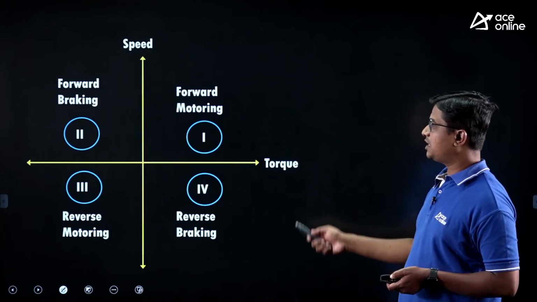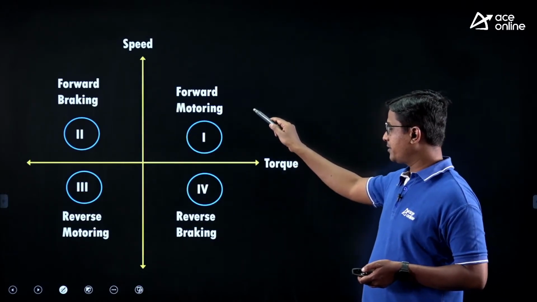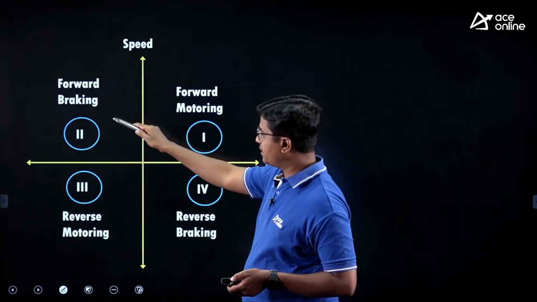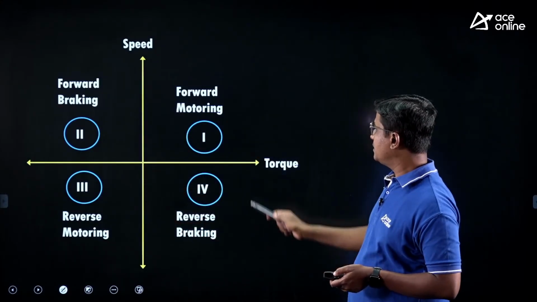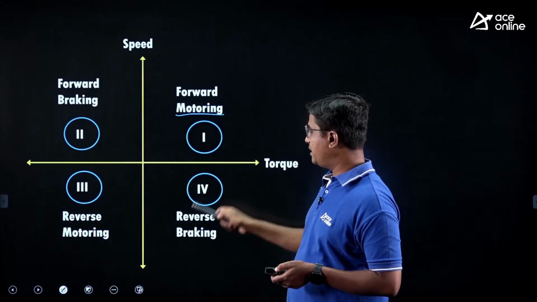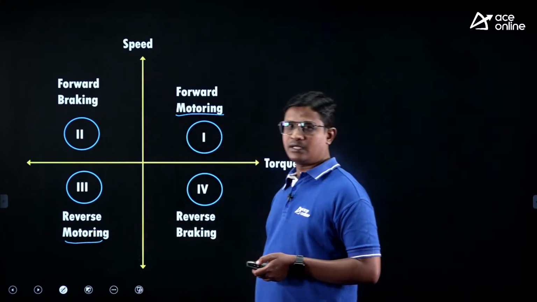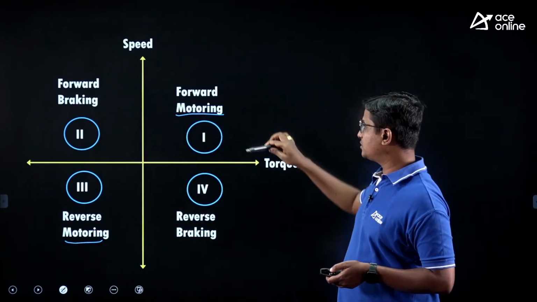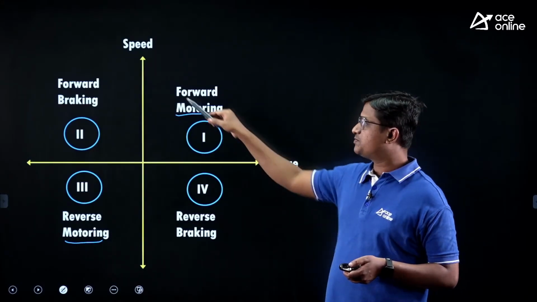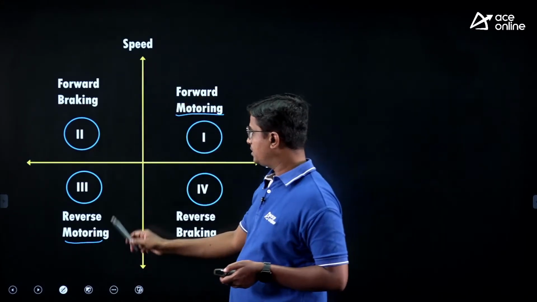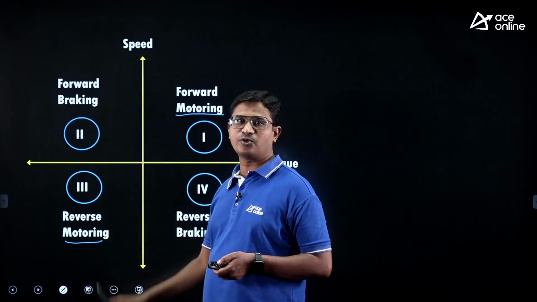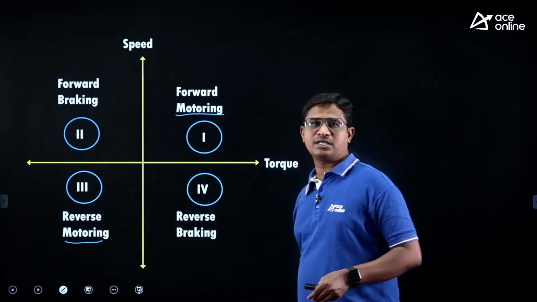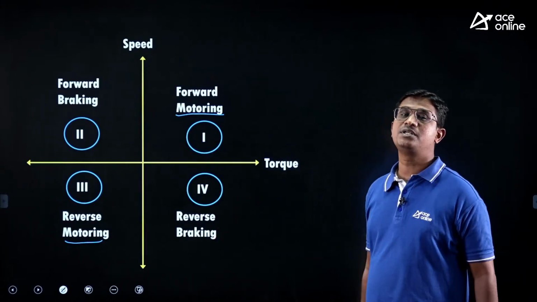So there are four modes: forward motoring, forward braking, reverse motoring and reverse braking. In forward motoring and reverse motoring, torque and speed are in the same direction: torque positive, speed positive; here torque negative, speed negative, third quadrant operation. So that is reverse motoring. Whereas in a braking operation, torque and speed are in opposite directions.